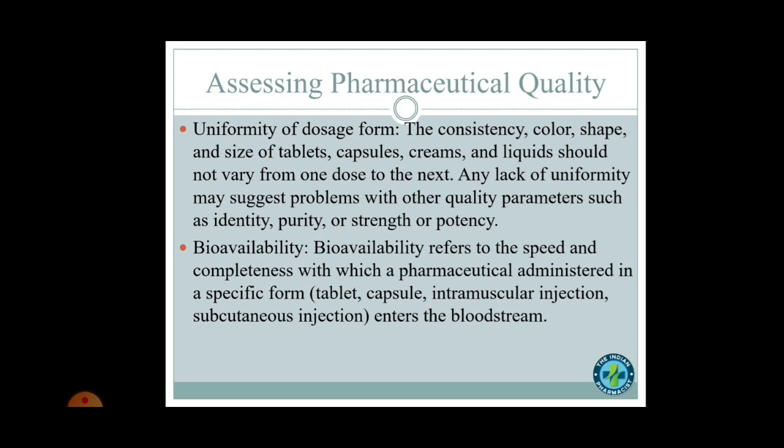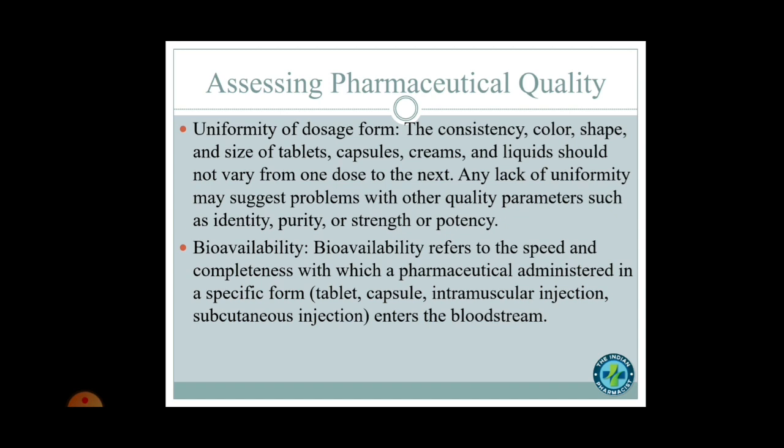Even though the products contain the correct amount of the API, the preparation may not give the expected therapeutic result if the API is released too quickly, too slowly, or incompletely when they are compared. Two pharmaceuticals are said to be bioequivalent and may be used interchangeably if both are absorbed into the bloodstream at the same rate and to the same extent.